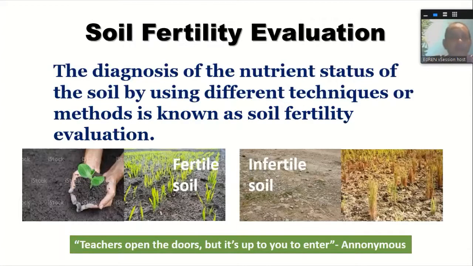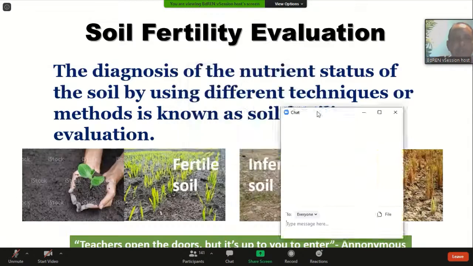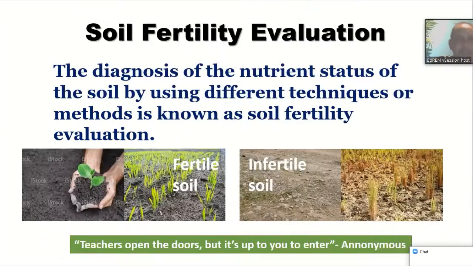So, today I'm going to discuss soil fertility evaluation. Soil fertility evaluation means the diagnosis of nutrient status, and that means the level of nutrients in soil is the indicator of soil fertility.